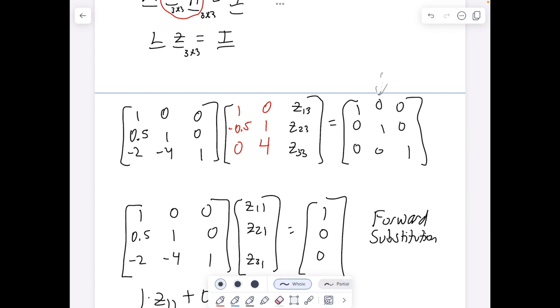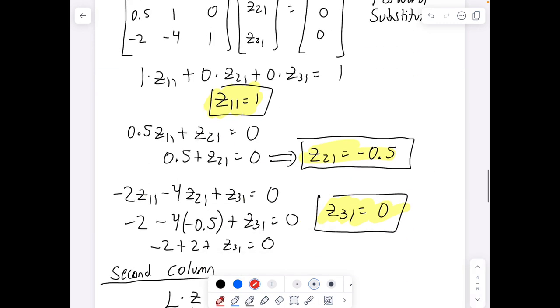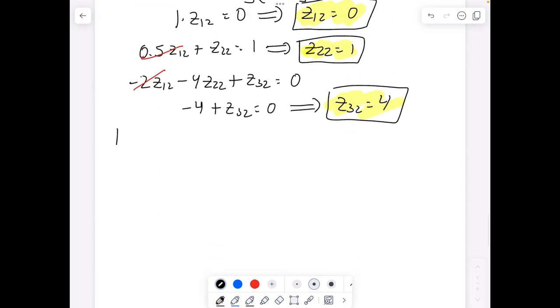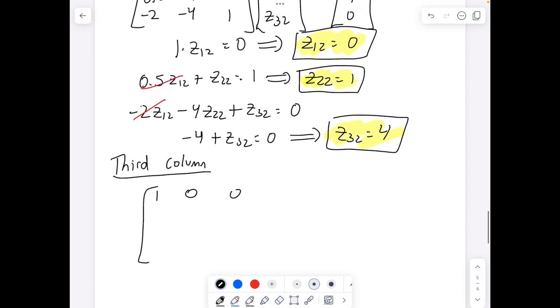Now, our last set of Z's come from looking at the third column, 0, 0, 1. So we'll go to the third column now, where again our L is 1, 0, 0, 0.5, 1, 0, negative 2, negative 4, 1.